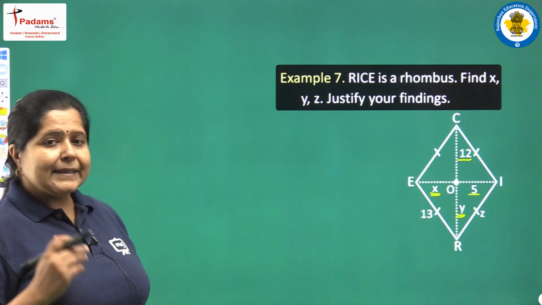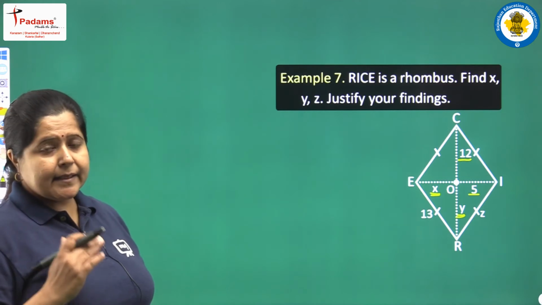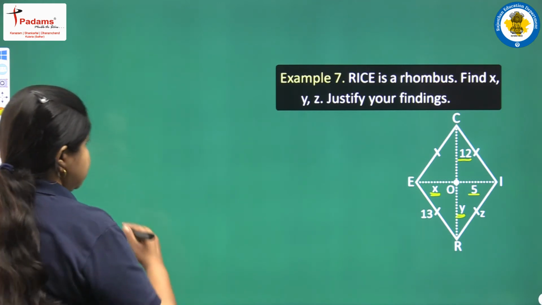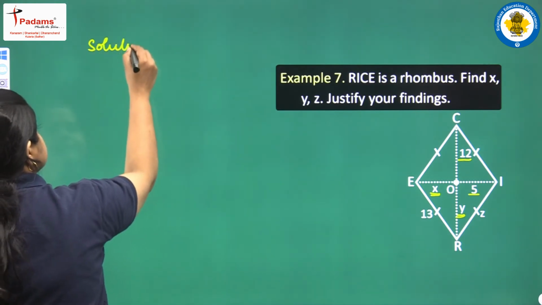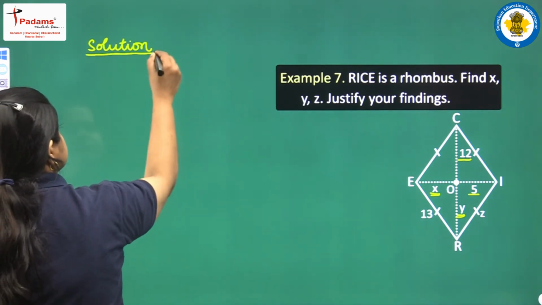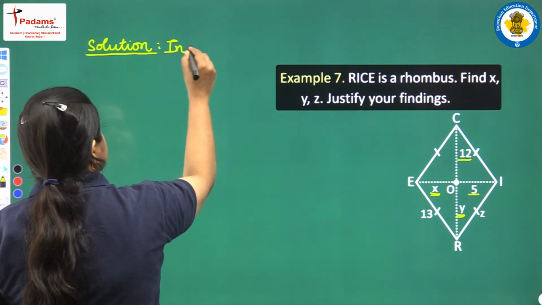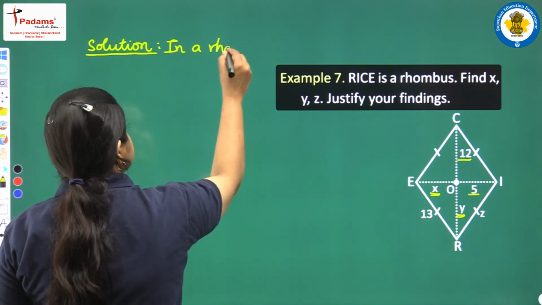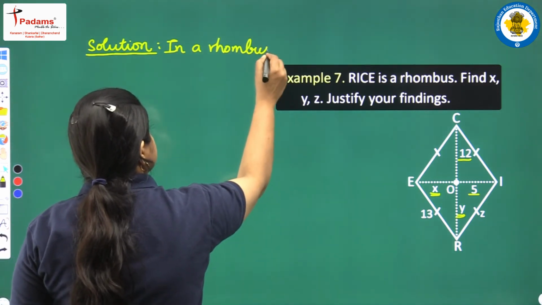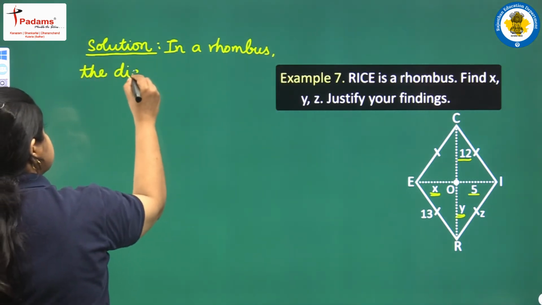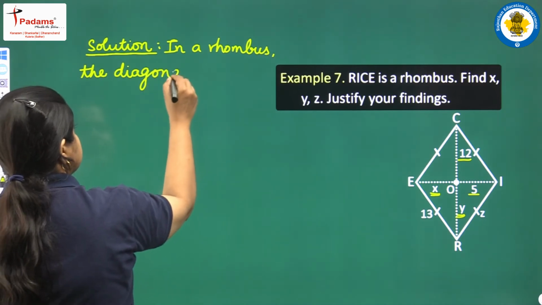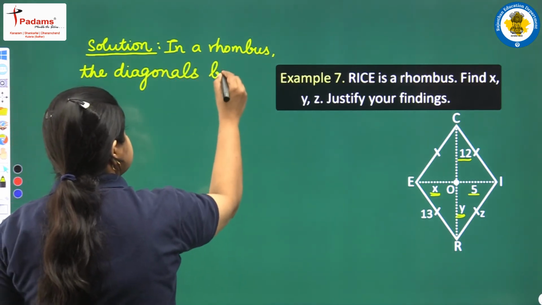So, we will apply the property of the diagonals in a rhombus. We start from here, the solution part. In a rhombus, the diagonals bisect each other.